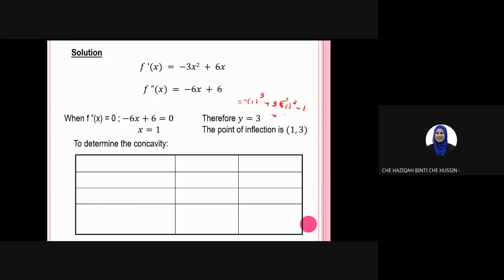So we will get here negative 1 plus 3 minus 1. Sorry, the value of x is equal to 1, right? So the value of this is equal to 1.